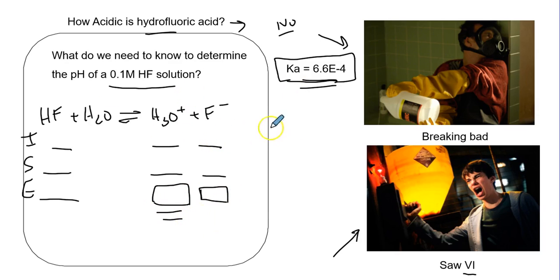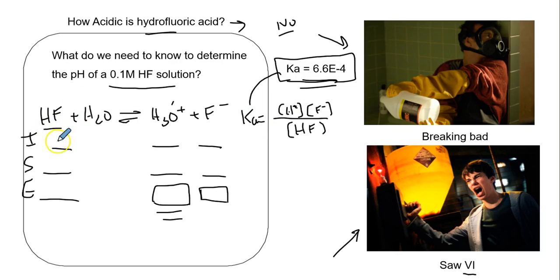So how do we solve this out? Pretty straightforward. I'm going to use my Ka expression, which equals the concentration of H3O plus, that's this guy, times the concentration of F negative over the concentration of HF. With that being said, here we go.